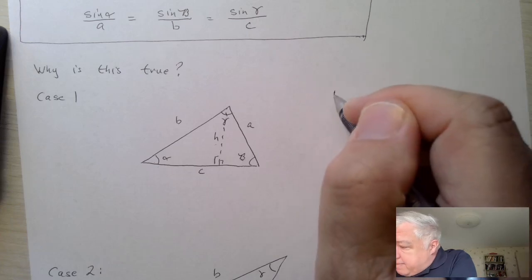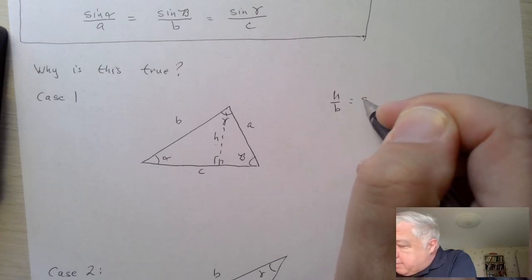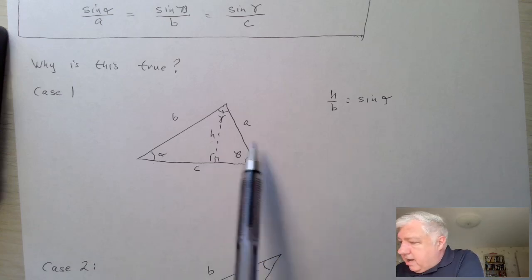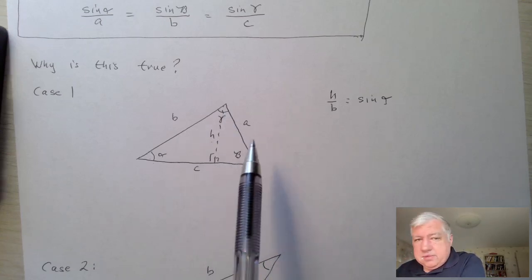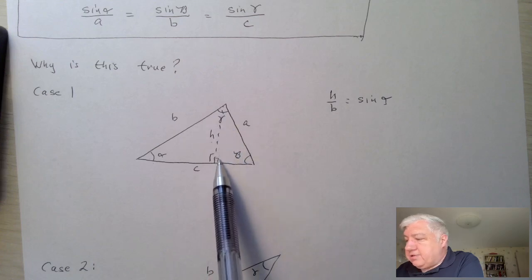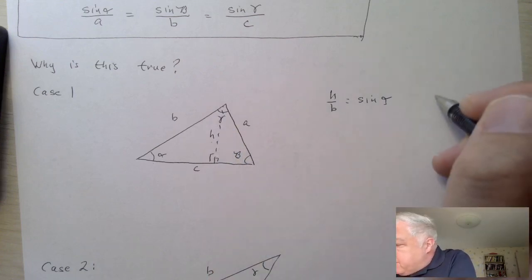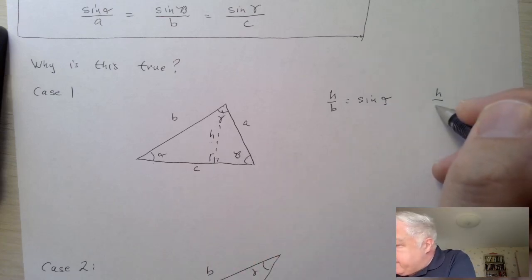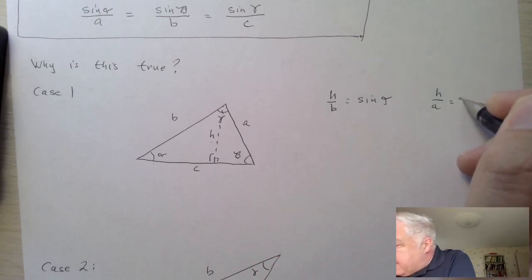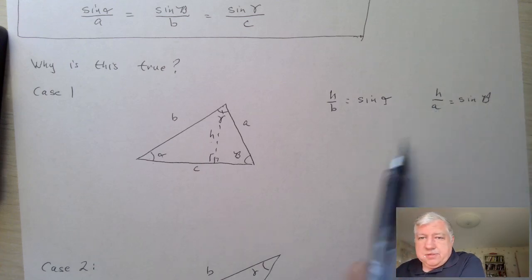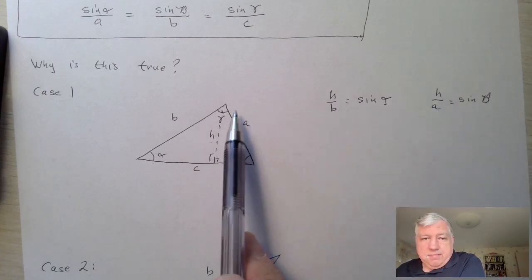So H divided by B is equal to the sine of alpha. At the same time, we have another right triangle here, and this time A is the hypotenuse and H is the opposite. So H over A is equal to the sine of beta.